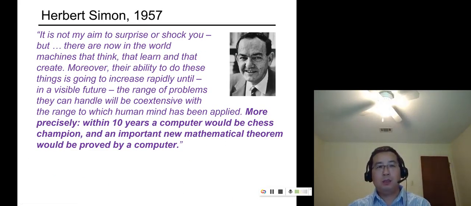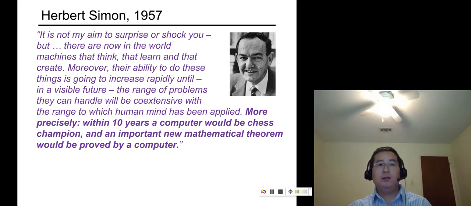So the Davos meeting was in 1956, and after that, because we had artificial intelligence, people were very optimistic, maybe irrationally optimistic.